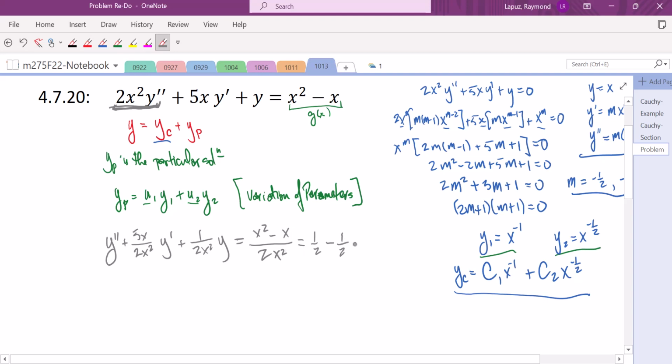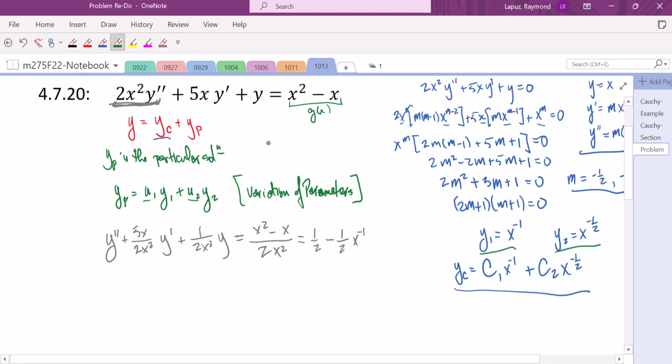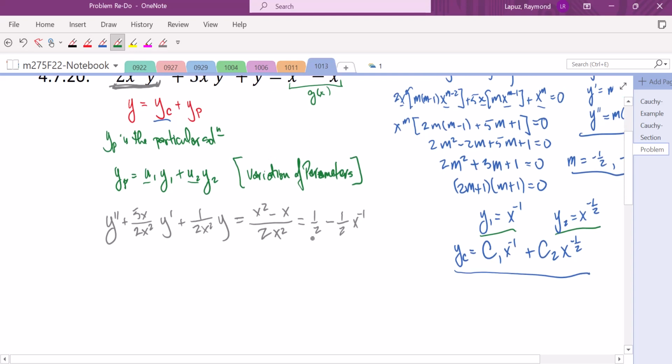That will be a 1 over x, but I'll write it as x to the negative 1 because we will be combining this with our fundamental solutions. This is going to be considered our f of x.